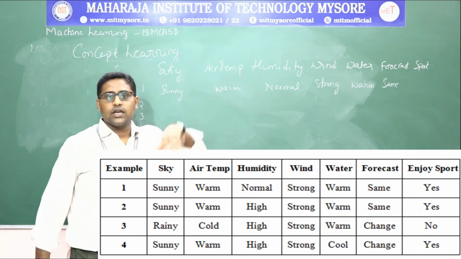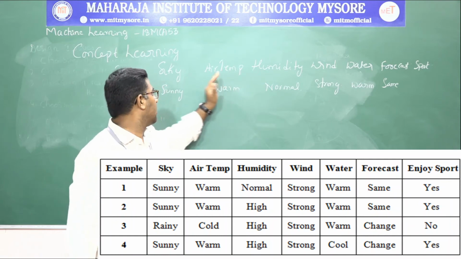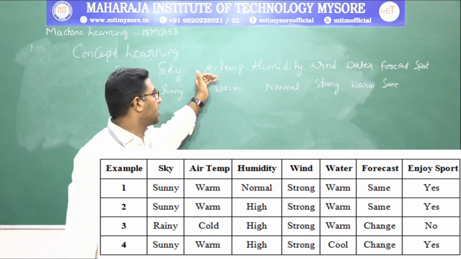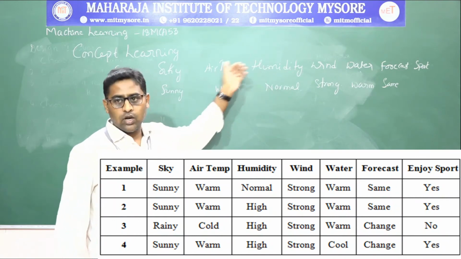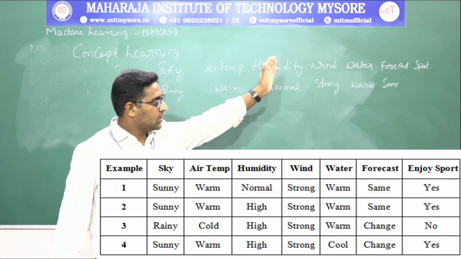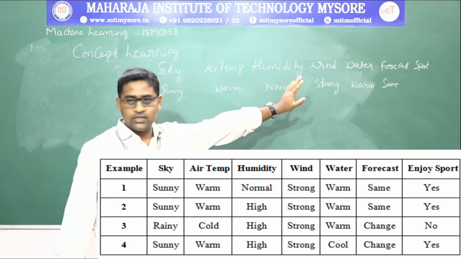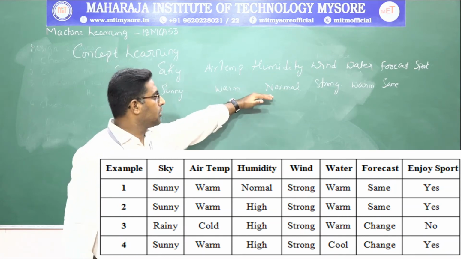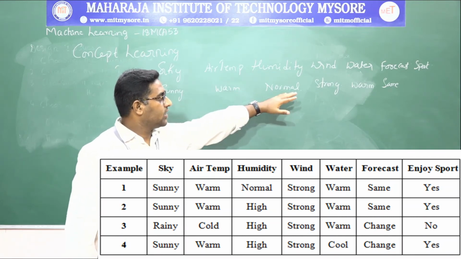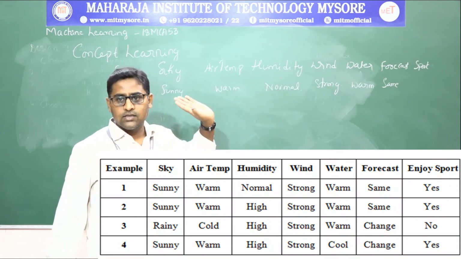Forecast means the prediction. The prediction will come based on the values represented in the training examples of air temperature, humidity, wind, water, whatever you take. The forecasted values will remain the same: sky is sunny, air temperature is warm, humidity is normal, wind is strong, water is warm, and the forecast says yes, it is the same.